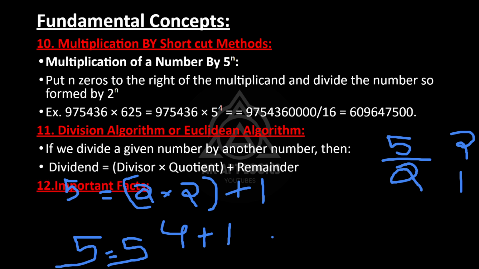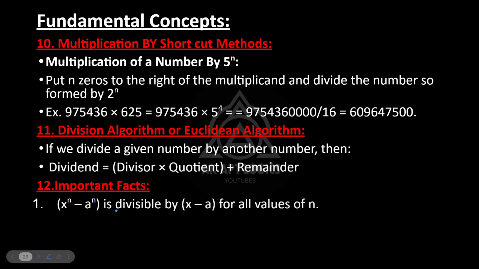Okay, next, let us learn some important facts. If x power n minus a power n is divisible by x minus a, in the sense, if you take x as 9 and n as 1, 9 power 1 minus a as 4, with power 1, if you find this result, you will get 5.